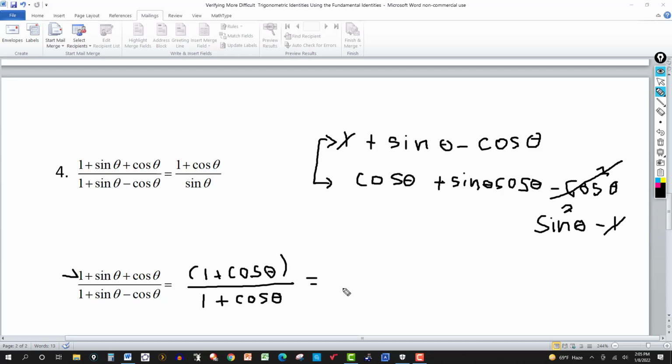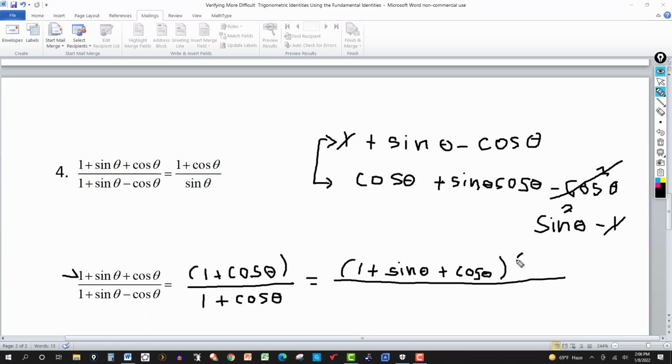And then, now let me rewrite this here. So again, multiplying this out. So I got this times this. Remember, I didn't touch the numerator as far as the product. I left that in factored form. So I have a 1 plus sine theta plus cosine theta.